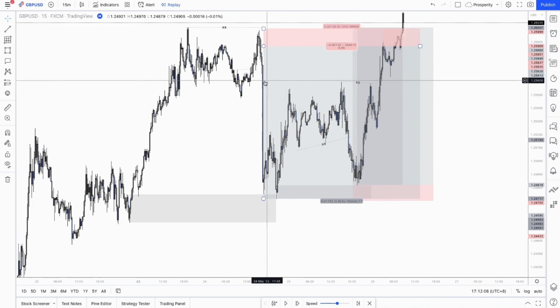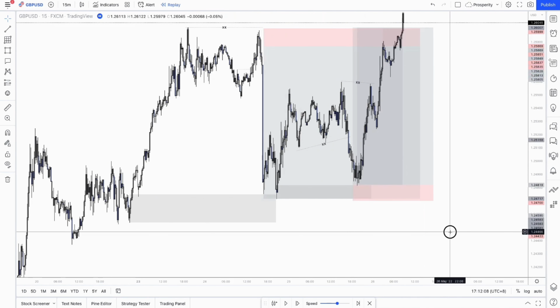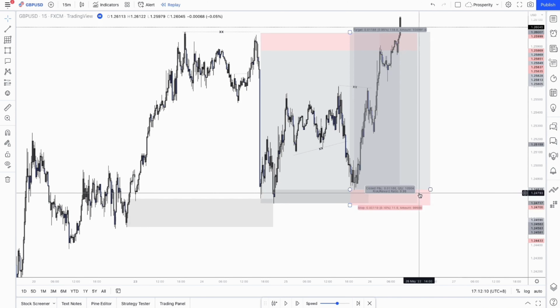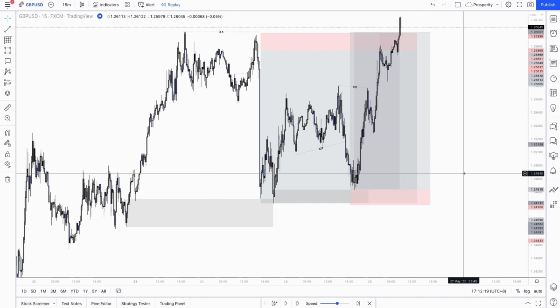It built liquidity to take, it built liquidity to target, had over a 1 to 5 risk to reward. And so we executed, right? And that's the difference between Smart Money Trader 1 and Smart Money Trader 2. And that is why smart money trading doesn't work for few people.